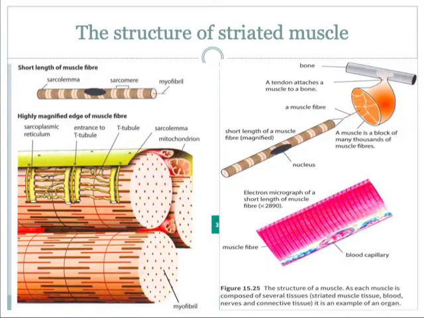Parallel groups of thick filaments lie between groups of thin ones. Both thick and thin are made up of protein. The thick filaments are made of mostly myosin, while the thin ones are mostly made of actin. So now we can understand why it looks like stripes. The darker parts of the stripes, the A bands, correspond to the thick filaments, and the lighter parts, the I bands, are where there are no thick filaments, only thin.